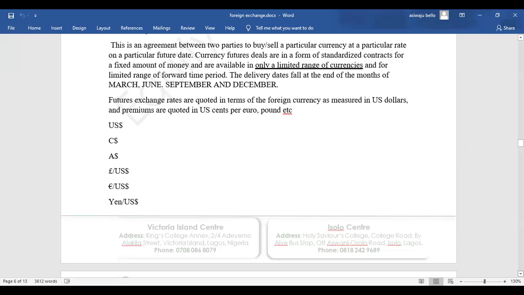Because of these benefits, currency options is more expensive as a hedging tool than other hedging methods. We explained this. We equally explained the fact that there are 2 types of currency options.